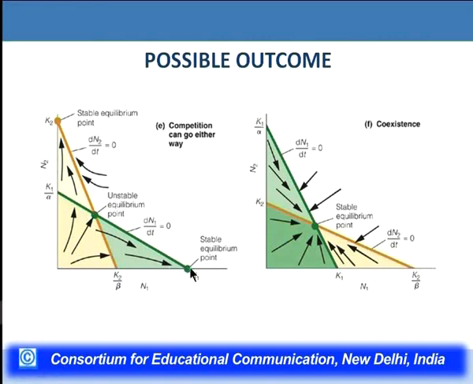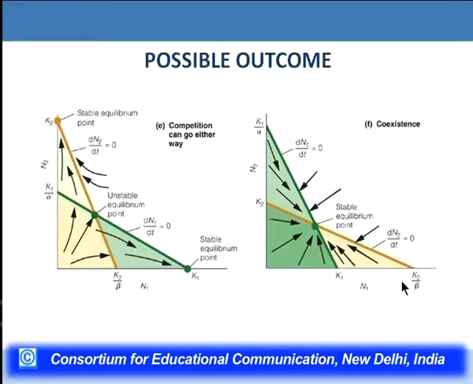If species 1 reaches K1, then there will not be any individuals of species 2. So both the species are able to reach their carrying capacity, and the competition can go either way, but it only depends on what was the initial number of species 1 or species 2. The species which had the higher number will be able to reach the equilibrium as compared to the other species.